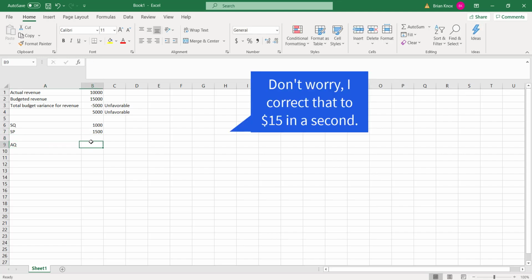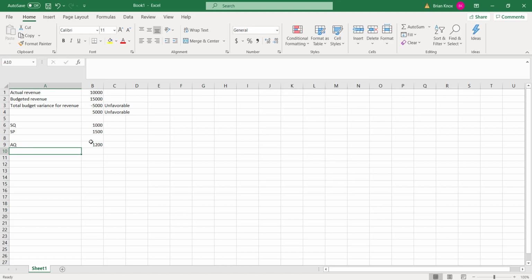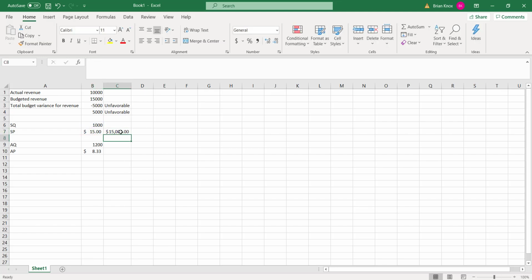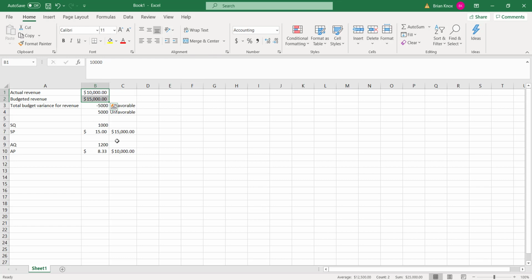Let's say our actual quantity was, we actually sold 1,200, and our actual price, I want to make sure this works, so I'm going to just make it divided and make sure it's the right amount here. Okay, there we go. So our budget would have been that quantity times our price per unit, and our actual quantity times price per unit should give us the actual number up here.